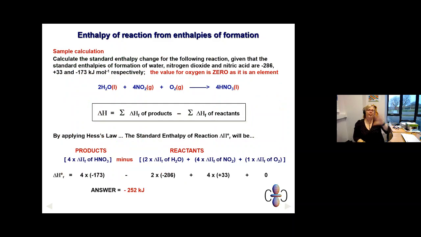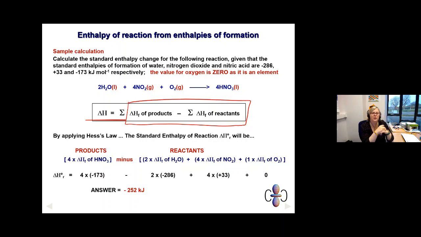Right. So if they supply you with data such as the following, then the sample calculation: calculate the standard enthalpy change for the following reaction, given that the standard enthalpies of formation of water, nitrogen dioxide and nitric acid are as follows, or as those values respectively, then you simply have to apply this.